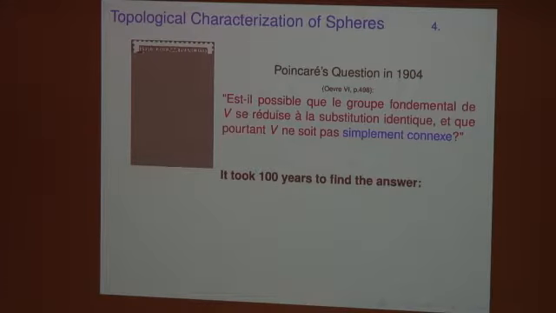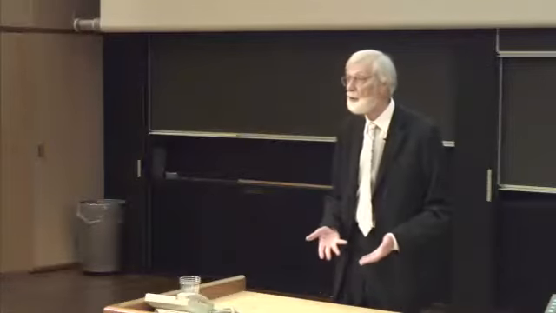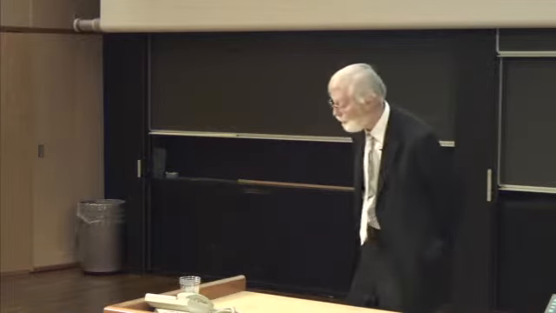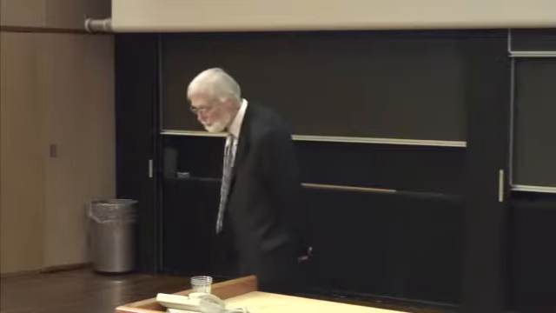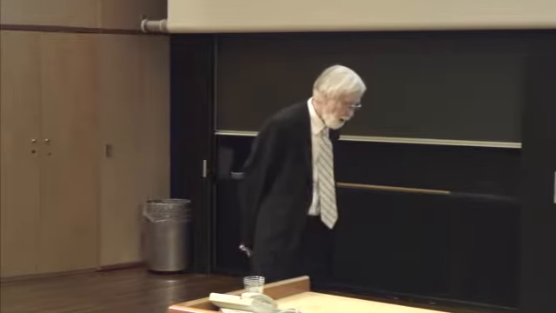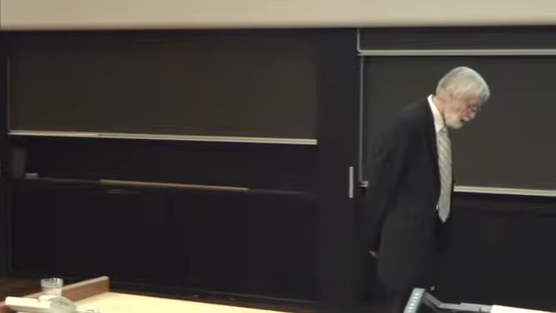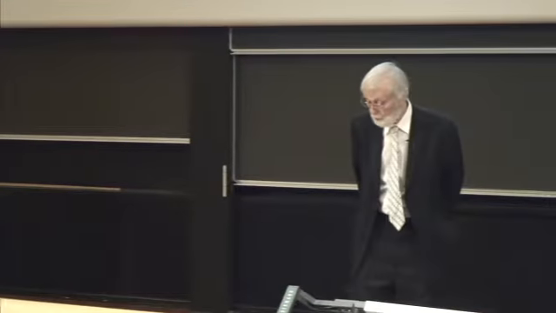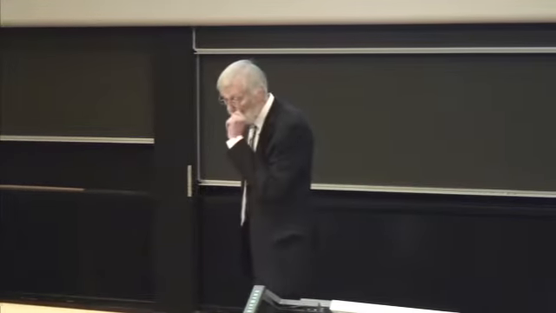And his question was, if the fundamental group of V is trivial, does it follow that V is isomorphic to the simplest possible example, in this case to the standard three-dimensional sphere? Well, that was more than 100 years ago, and it took about 100 years for the problem to be solved.